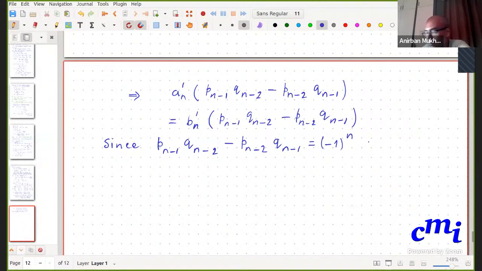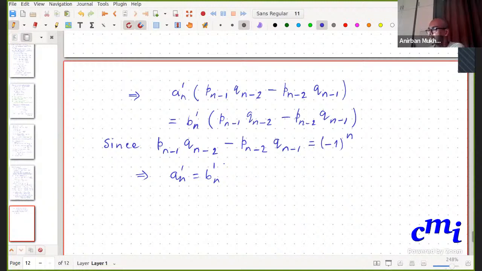Actually, if we write according to that formula, we have to write n minus 2, and n minus 2 and n are the same. And therefore an' is equal to bn'.